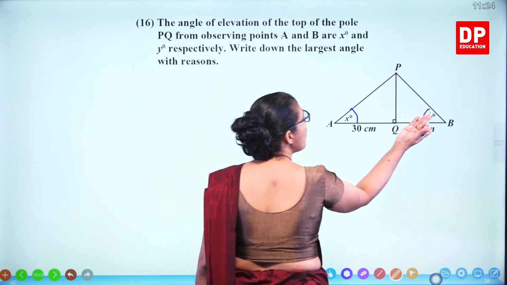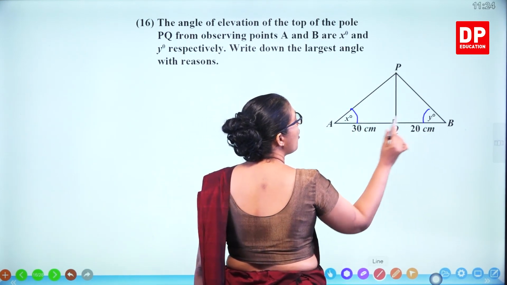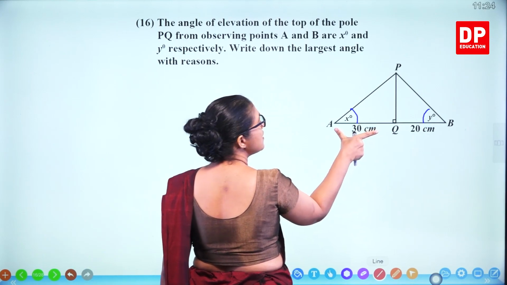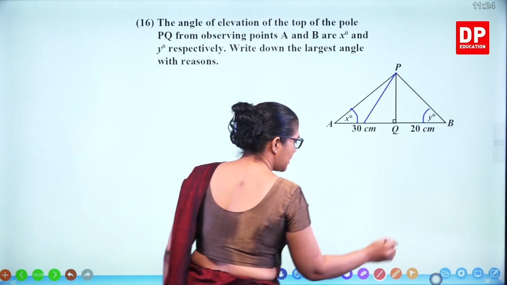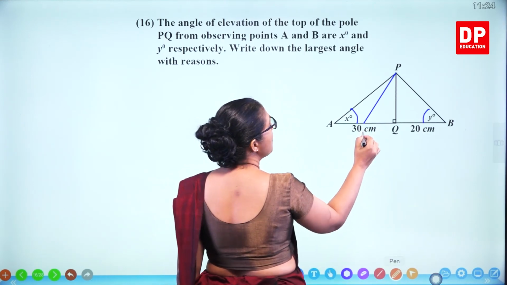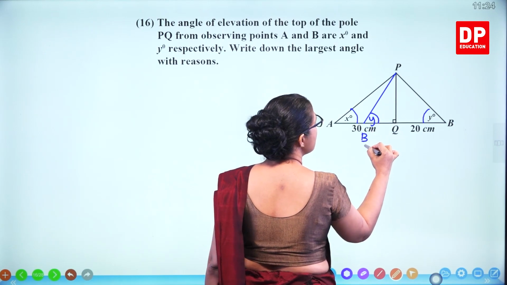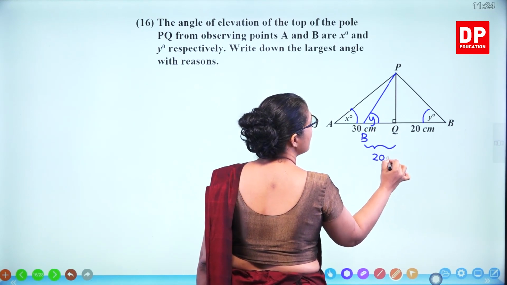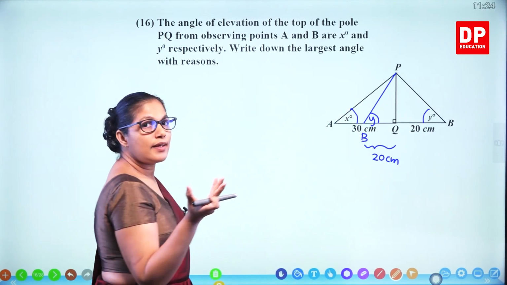So if I draw this angle this way, where is B point? 20 distance. So this is 30. So somewhere here. So you get B point here. So this is the Y angle. So this is 20 centimeters away. I'm drawing the same angle this way.